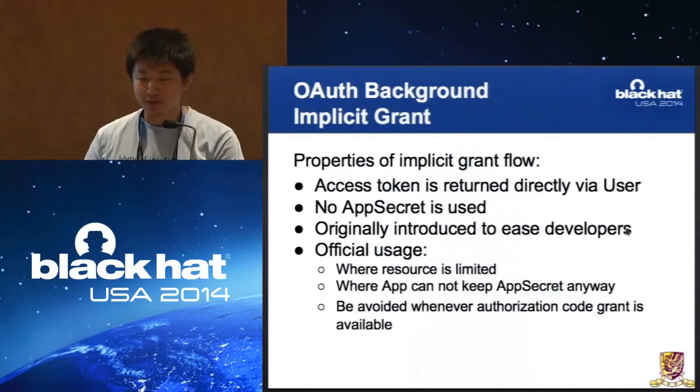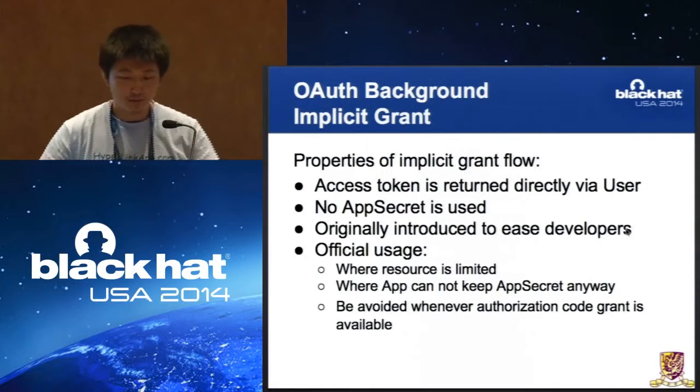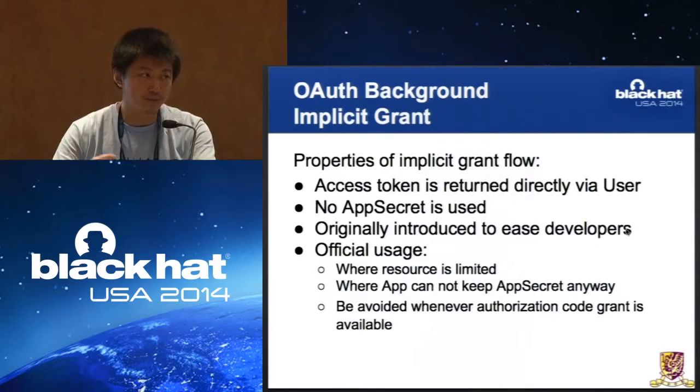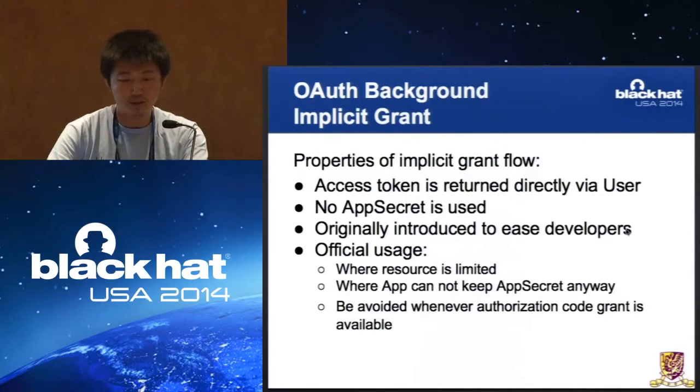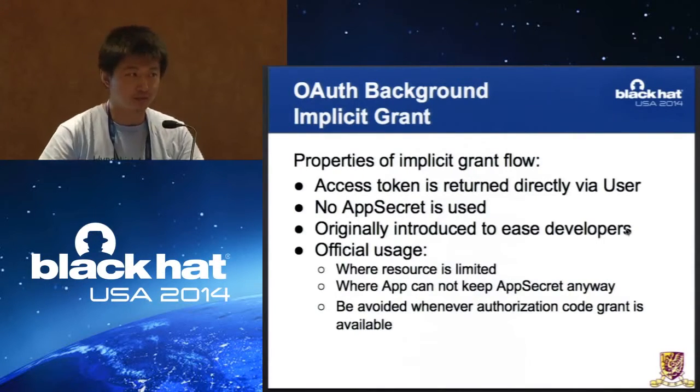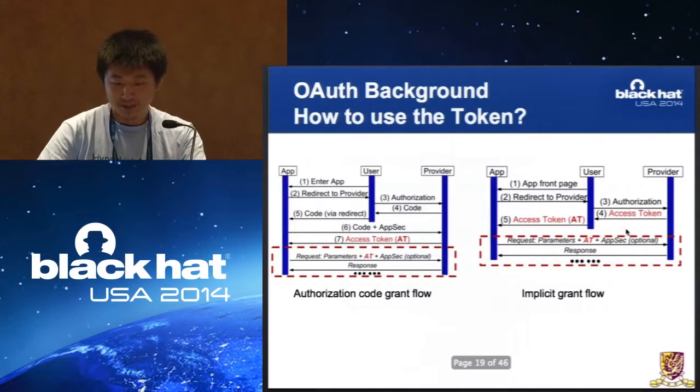This flow was originally introduced to ease developers because developers don't want to write cryptography primitives. And also in some scenarios, probably resources are limited, or for example, like a browser plugin, where your app cannot keep your app secret anyway. But the general advice is please avoid implicit flow whenever you can.